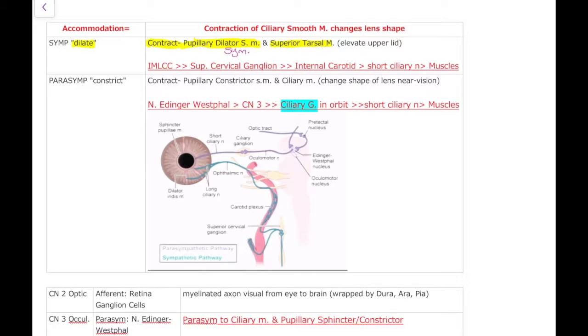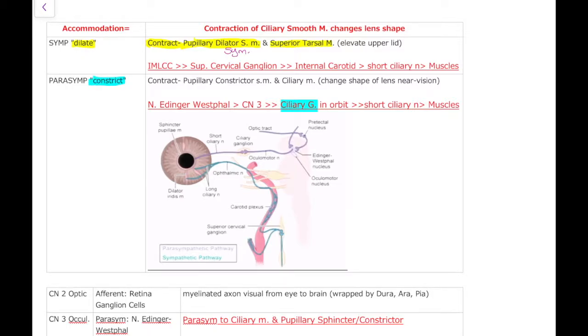And we know the chain of the sympathetic starts from the IML of the spinal cord, goes to the superior cervical ganglion, hitchhikes on the internal carotid, rides on the long ciliary nerves, and innervates the pupillary dilator muscle to cause dilation of the pupils. On the other hand, we have our constrictors.